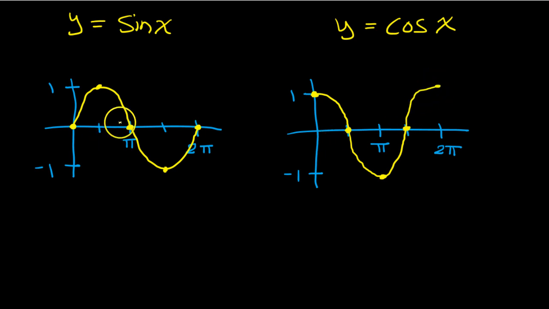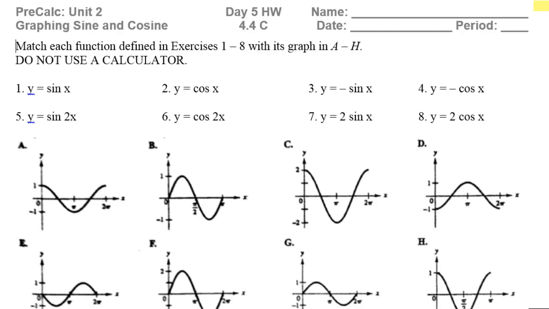All right, so memorize that the sine function looks like this, cosine function looks like this. Notice that the amplitude is 1. It goes up to 1 and down to -1 for both, and the period for both is 2 pi, the length of one repetition.